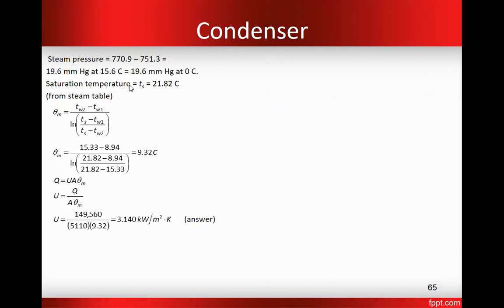So steam pressure sa condenser is the vacuum pressure, gawin mo absolute. So that is the barometric pressure minus the vacuum pressure. So 770.9 minus 751.3 is equal to 19.6 mm mercury at 15.6 C, or same as 19 millimeter Hg at 0 C. Yun ang value niya.